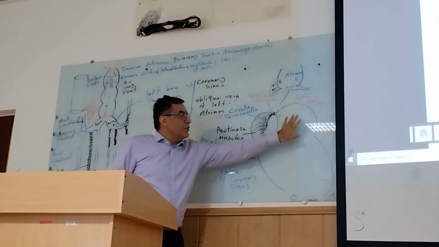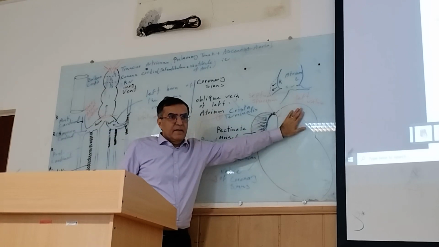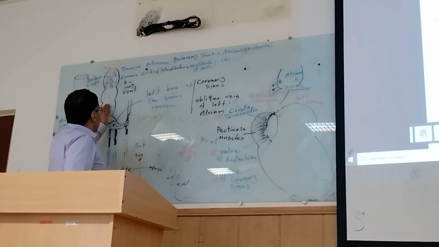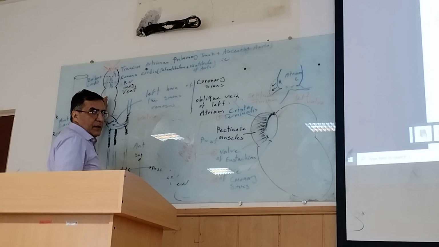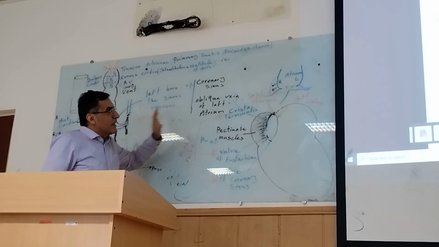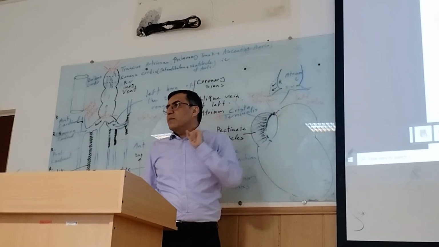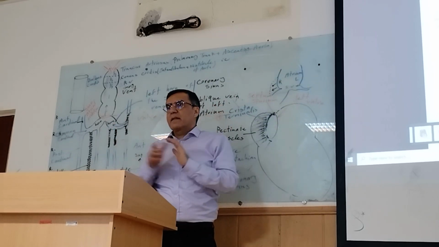What about the left side? On the left side I made one septum here, I will tell you. On the left side, again, we have one auricle and one smooth part, like the right side.